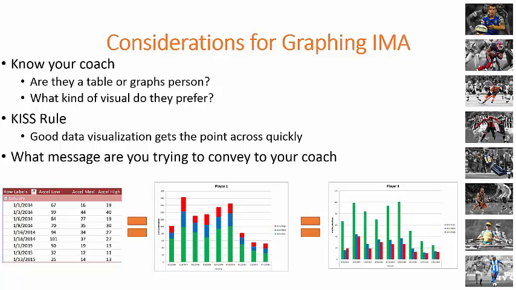That's where the KISS rule really comes into effect: good data visualization gets the point across quickly. Again, that's where knowing your coach and what type of visual they prefer matters, because some people really like the middle graph, the stacked column graph, whereas other people like the far right graph, the clustered column graph. So knowing your audience is key.